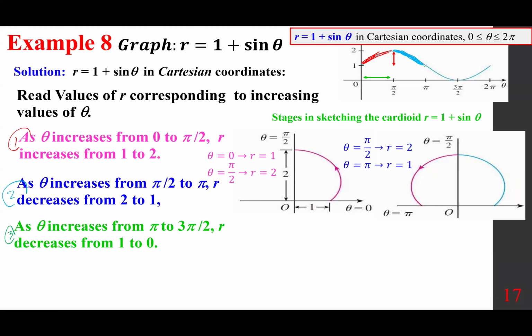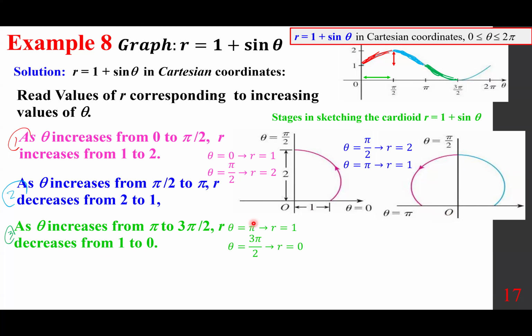This is the third part. So as it moves from pi to 3 pi over 2, r decreases from 1 to 0. So here's 1, here's 0. So it moves this way. I hope you see the concept now.